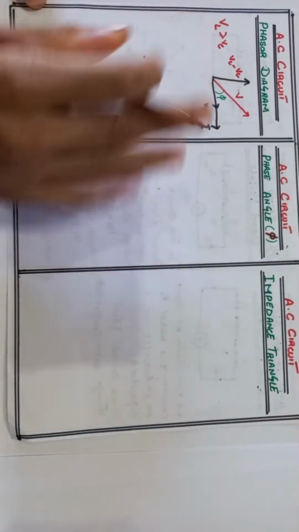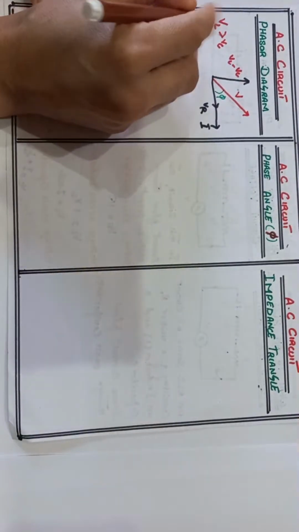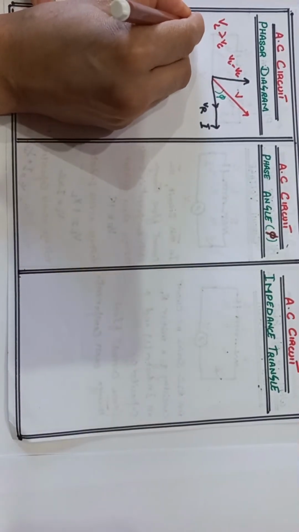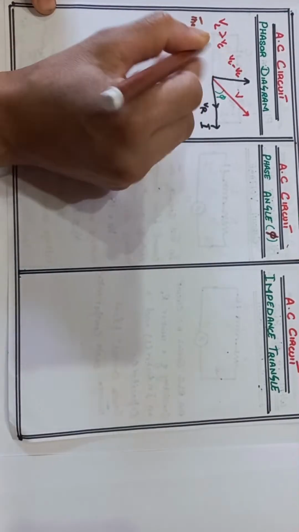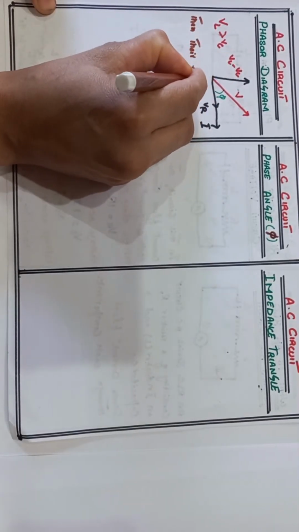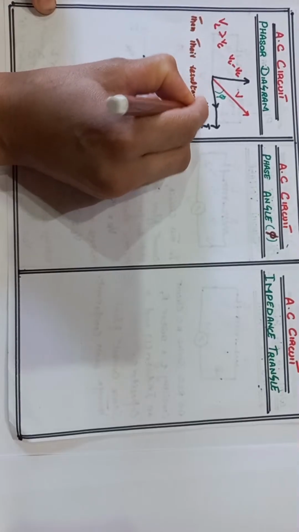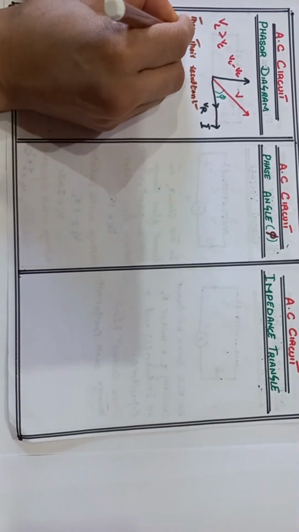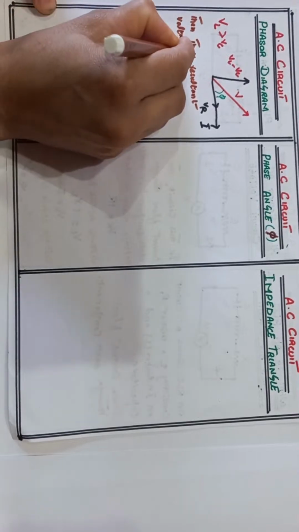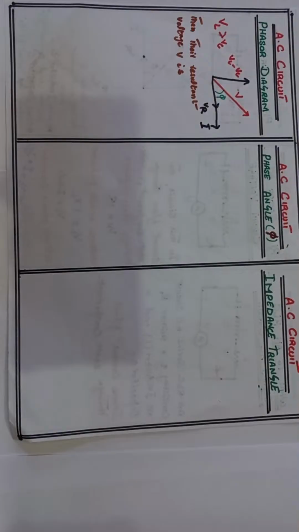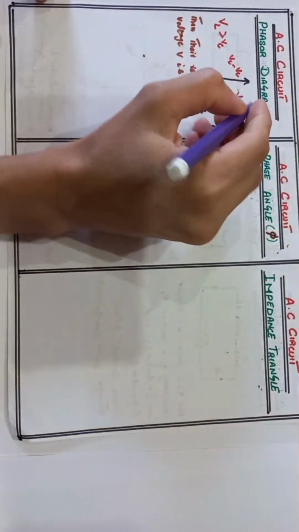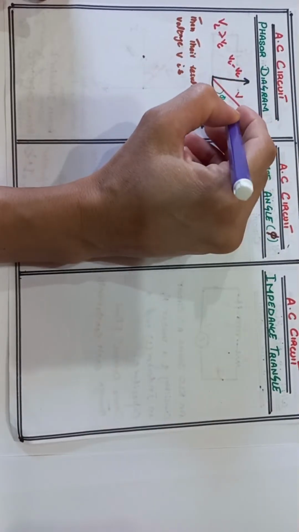So here we write that if VL is greater than VC, then the resultant voltage V is, how do we calculate the resultant voltage V? This parallel line shows VL minus VC.